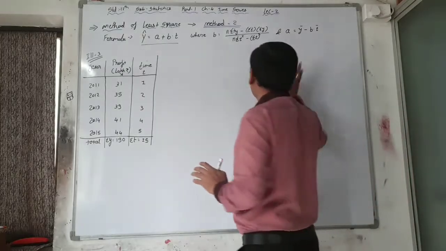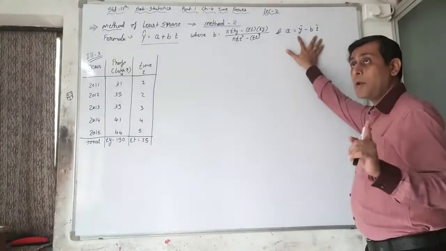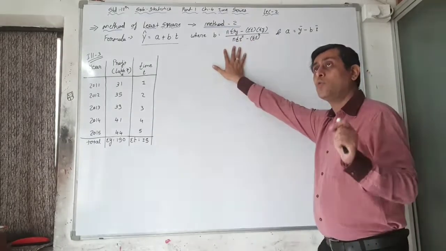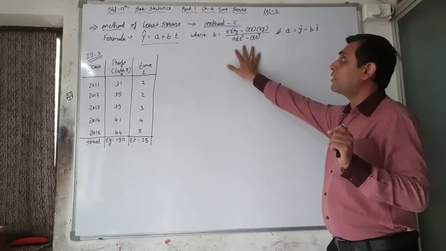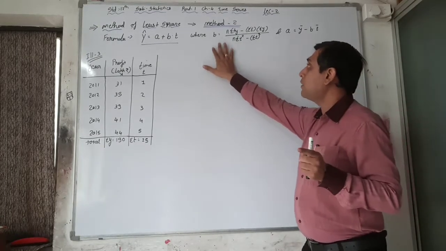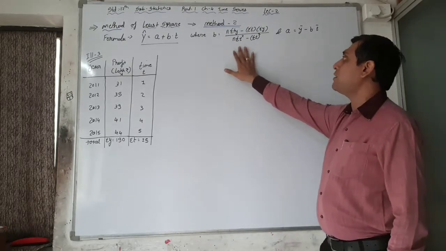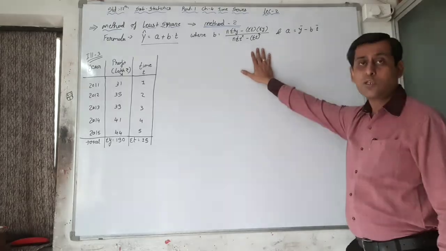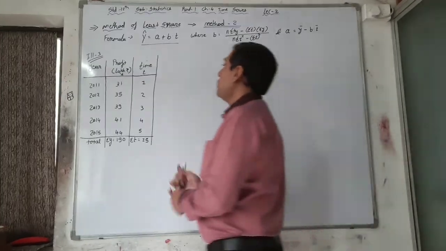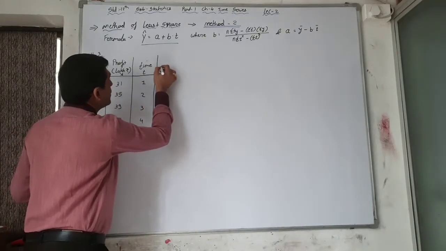Here the method is only one, that's why we find y bar and t bar. For the method of least squares we have only one formula for b, that is n sigma ty minus sigma t sigma y upon n sigma t square minus sigma t whole square. That's why for only one method we have to make these columns.